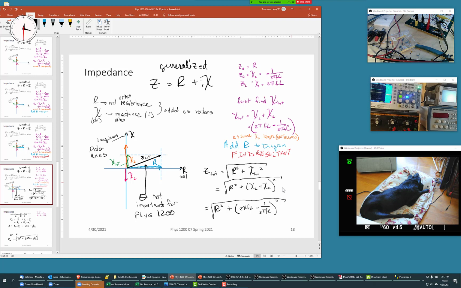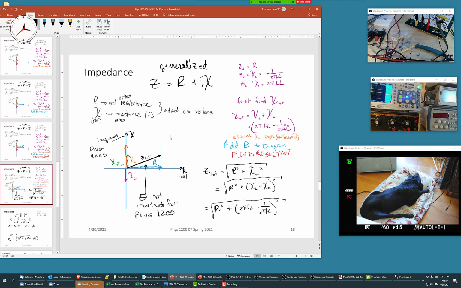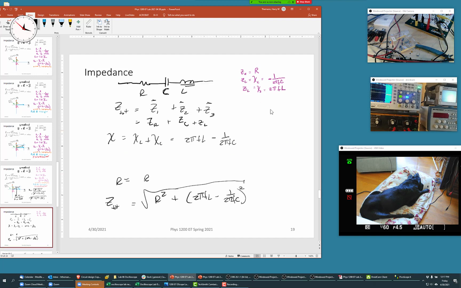Okay, so then let's take a look at some real application. I was a little bit of a stinker with you guys because in this case, this is now for a series circuit. This is the series circuit, and this was pretty straightforward. We get the same total.